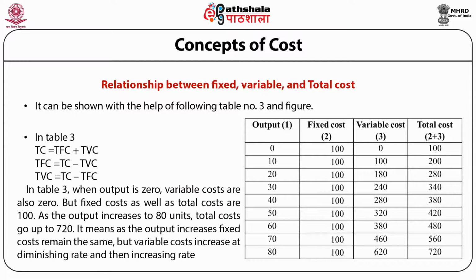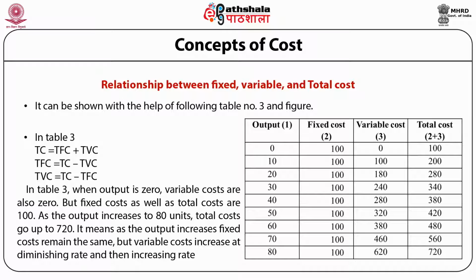In table, TC is equal to TFC plus TVC. Here, TC means total cost, TFC means total fixed cost and TVC means total variable cost. Second equation is TFC is equal to TC minus TVC. Here, TFC means total fixed cost, TC means total cost and TVC means total variable cost.